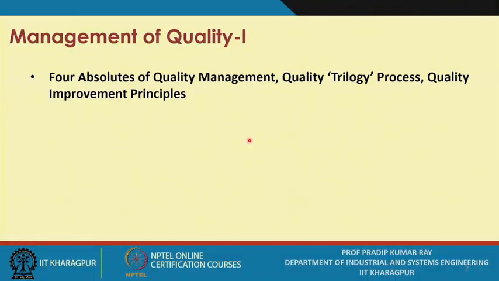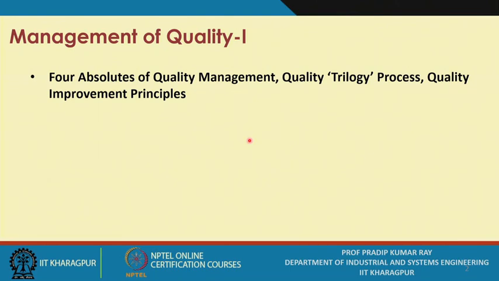It is a term coined by quality guru Joseph Juran, and there are three phases in the quality improvement process, and he calls it the quality trilogy process. So you should be aware of this particular process.